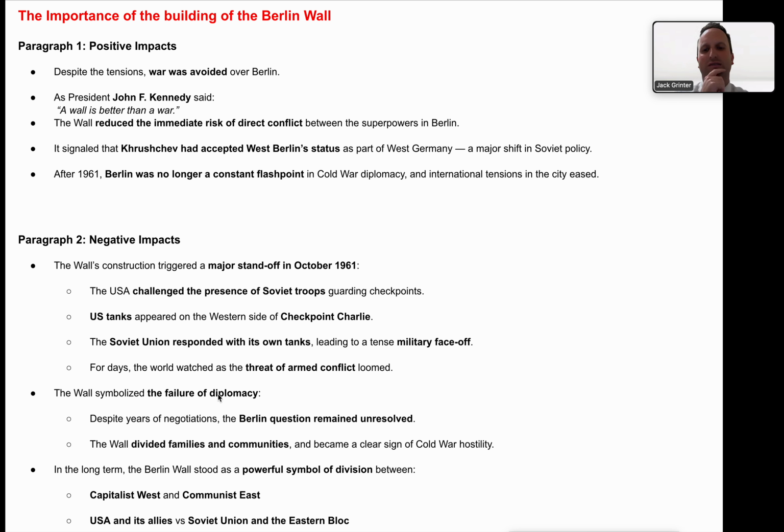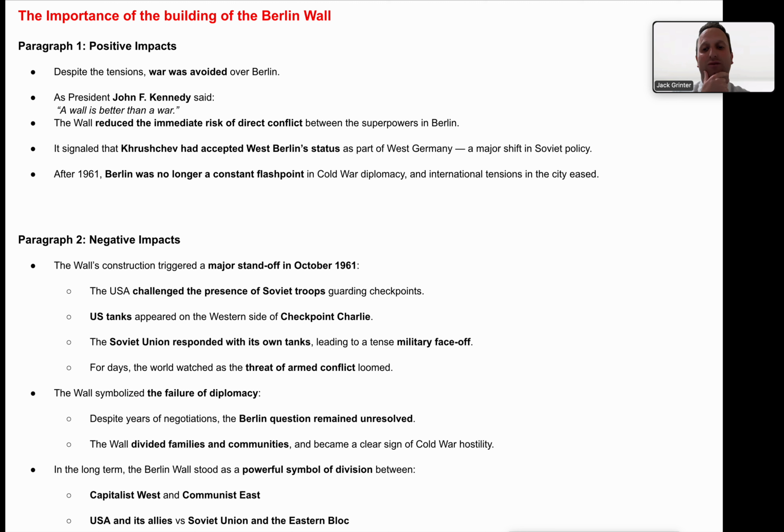And I think that's a great sentence there: the wall symbolised the failure of diplomacy. So diplomacy is countries negotiating. Essentially, diplomacy is settling something through negotiation and discussion. They couldn't do that, could they? And the fact that the wall had to be built showed the divide and the difference between the USA and the Soviet Union.